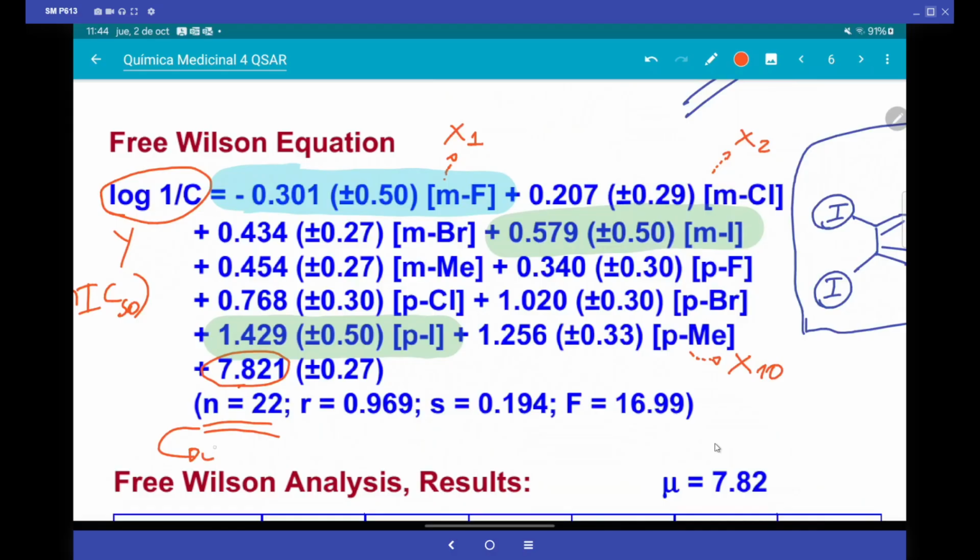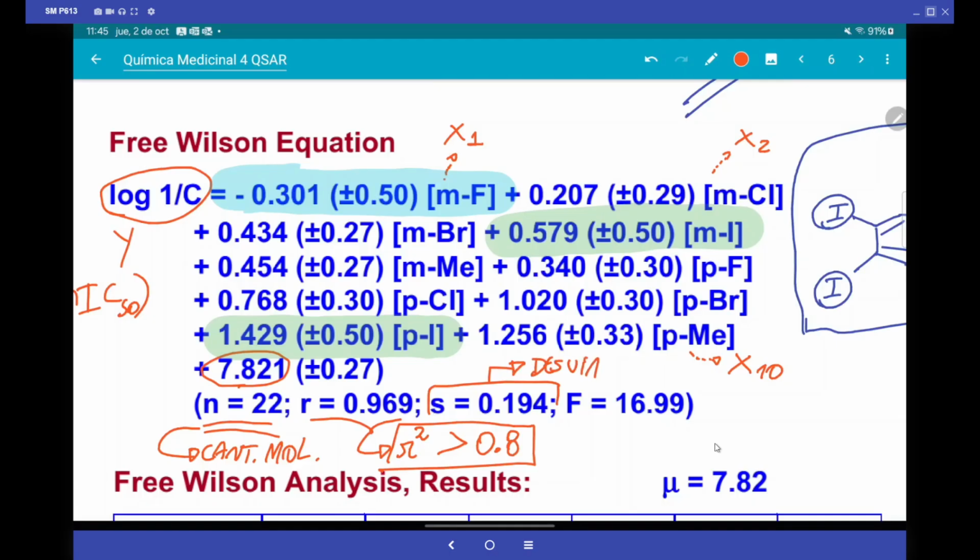We also have variables like the R, well, L. Usually one seeks to report the R squared of the regression, and for the QSAR model to be good, it ideally has to be greater than 0.8. A good QSAR has an R squared greater than 0.8. What is this? That follows the standard deviation.